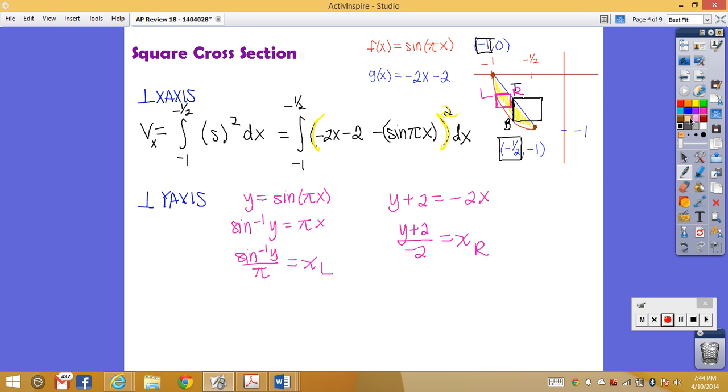So if I want to find the volume of the squares perpendicular to the y-axis, I would go from the lower y value, in this case negative 1, and then the higher y value is 0. And then I'm still doing side squared, but I'm going to do right minus left.